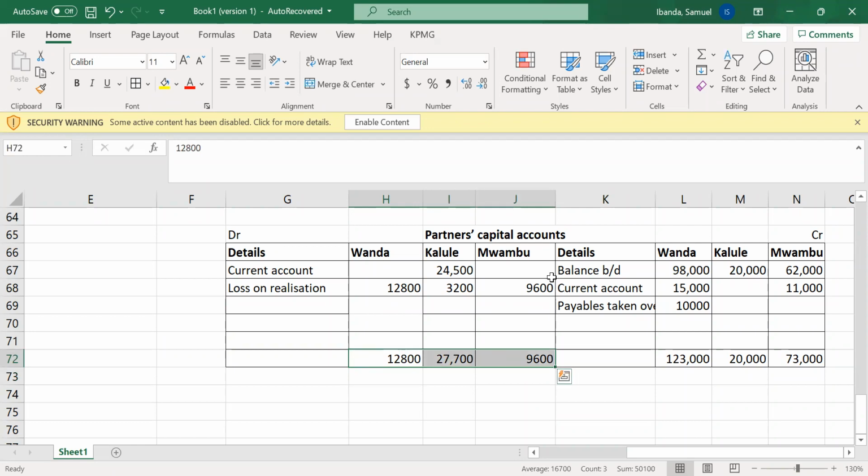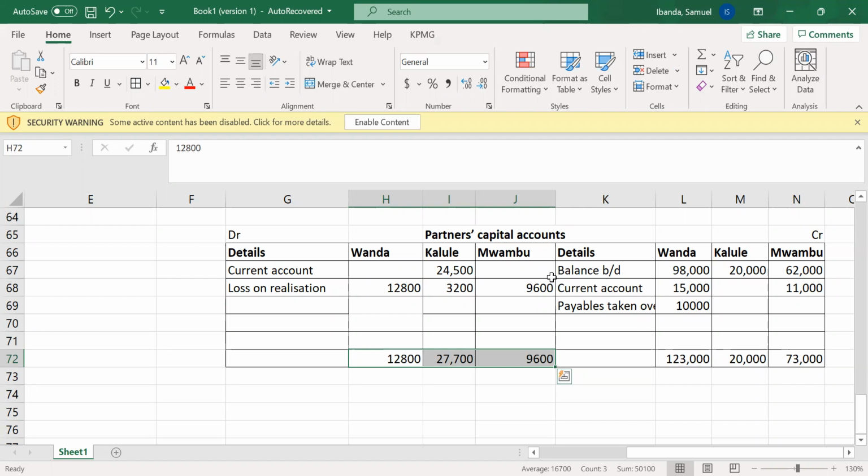Now, I want you to look critically here. Remember, capital has a normal what? Capital has a normal credit balance. So it means that any partner that has more on the debit side than on the credit side is actually not doing well.